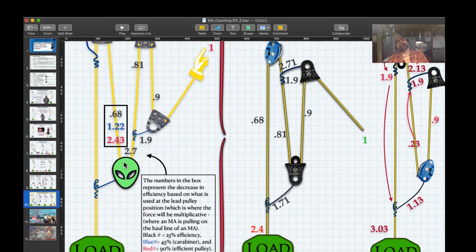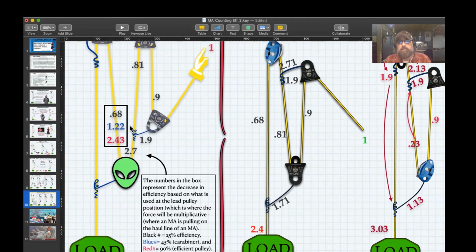If I replace that with a carabiner, which is approximately 45% efficient, then if 2.7 comes in, I multiply that by 0.45, and 1.22 comes out. So it destroyed it fast. Big difference between these numbers, especially when you're looking at pounds of force that you're going to have to apply.